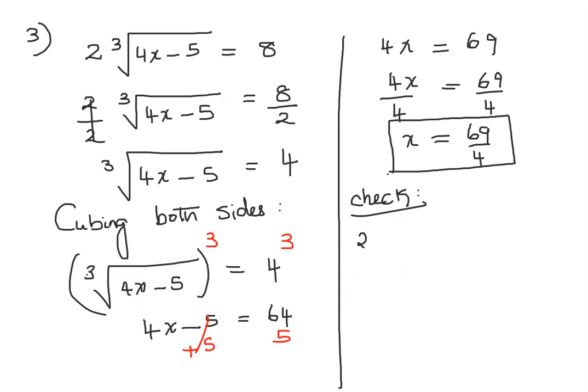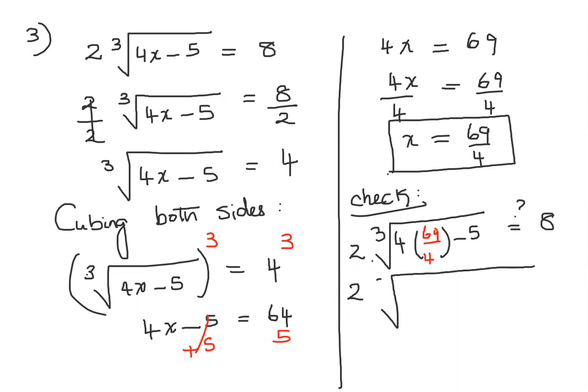So we are going to plug in this number for x and see what we get. So 2 times, here we're going to put 69 over 4. So it's going to be the cube root of, so the 4 gets cancelled out.